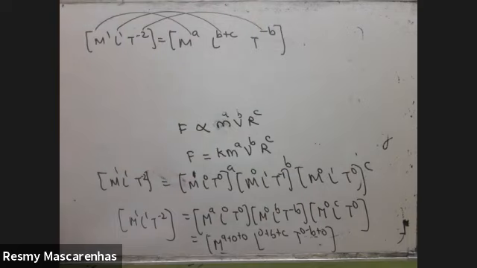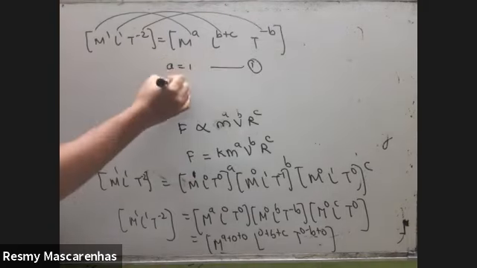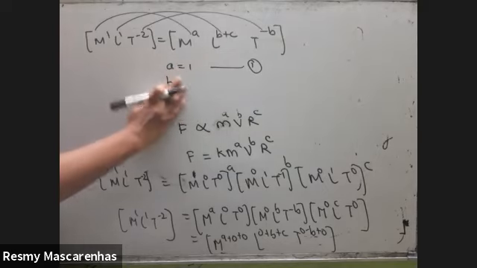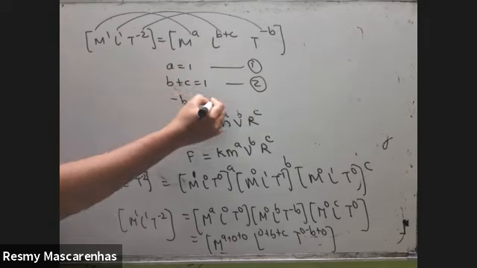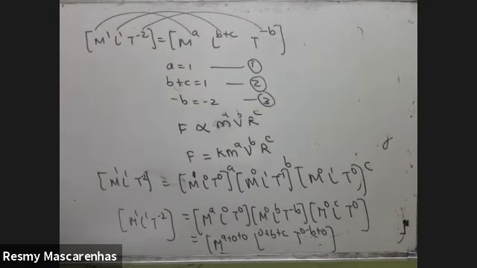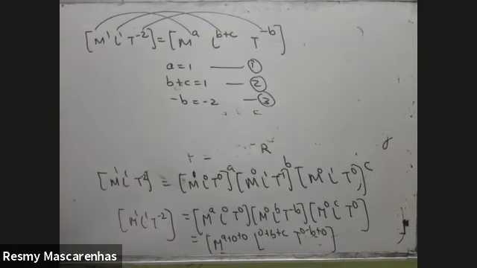As for that, you'll get A as 1, B plus C as 1. Is it M1 V2 R minus, and M you did not get?